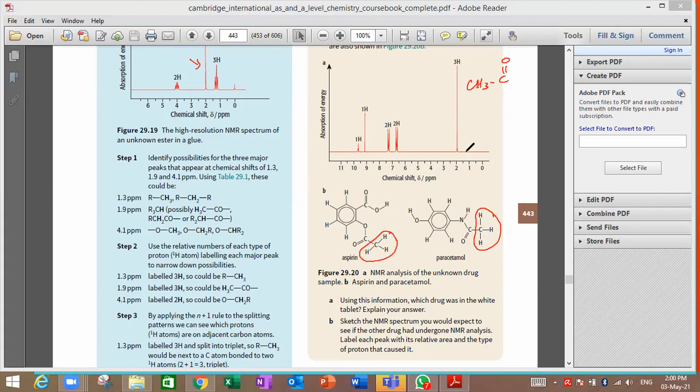Now, how many environments do we have? At the beginning, we usually count the number of environments. Here we have 1, 2, 3, 4, 5 environments. Now, let's look at these two examples. This is one environment. This hydrogen has an environment, and this hydrogen has a different environment.